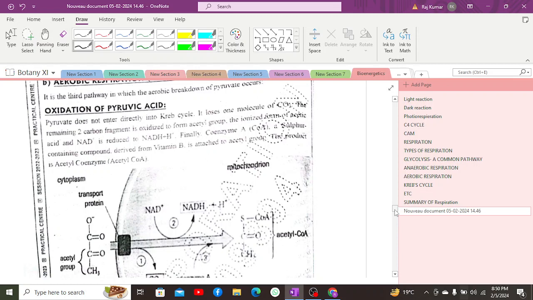Here we are going to discuss its composition. Coenzyme A is in such a manner: adenosine having a phosphate group at its third carbon as well as at its fifth carbon, combined with a molecule of vitamin B5, which is pantothenic acid.